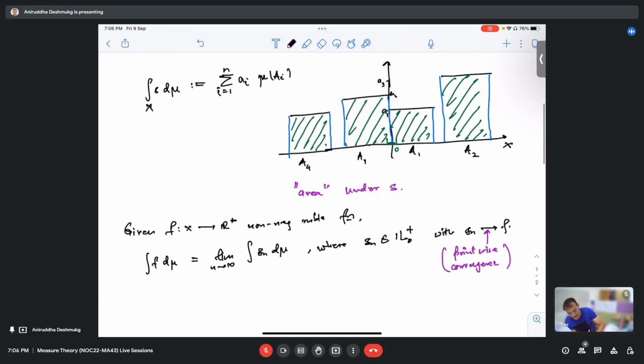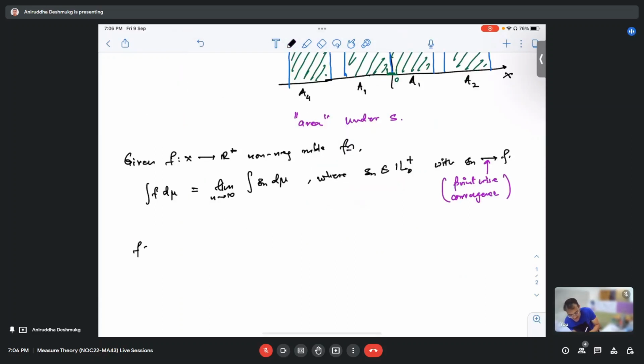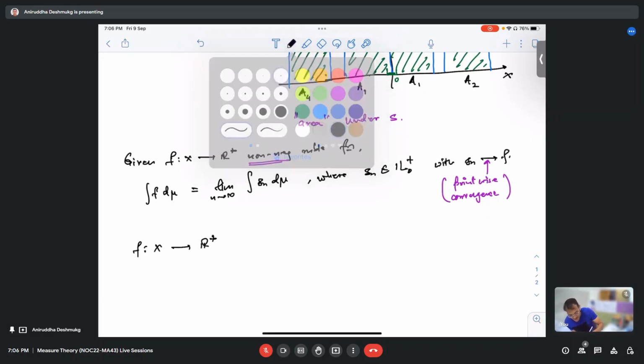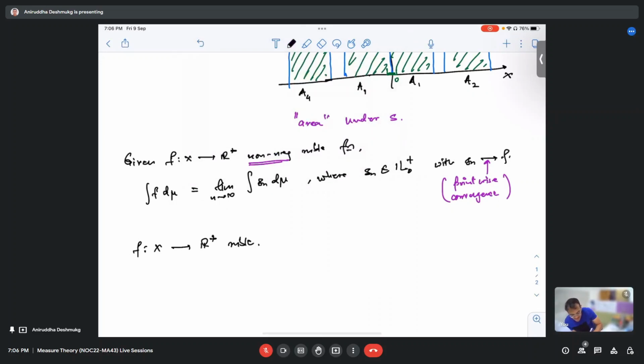And then finally we defined that given any measurable function, so till now we had this assumption that this f is non-negative everywhere. Given any measurable function, we define integral of f with respect to mu as integral of f plus with respect to mu minus integral of f minus with respect to mu.